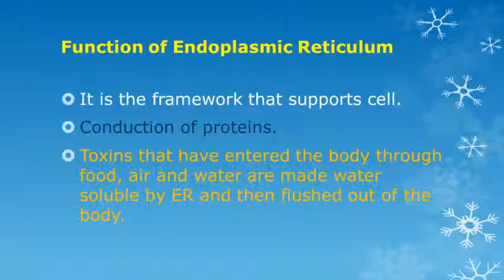And toxins that have entered the body through food, air, and water are made water soluble by the endoplasmic reticulum and then flushed out of the body. So these are all the functions of the endoplasmic reticulum.